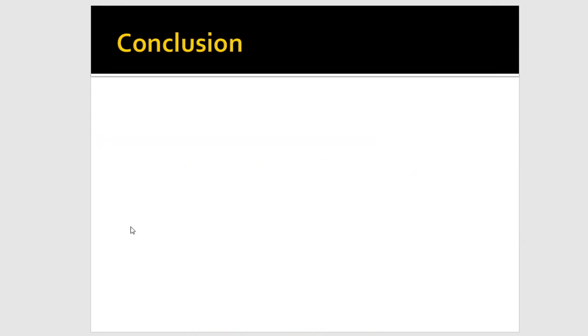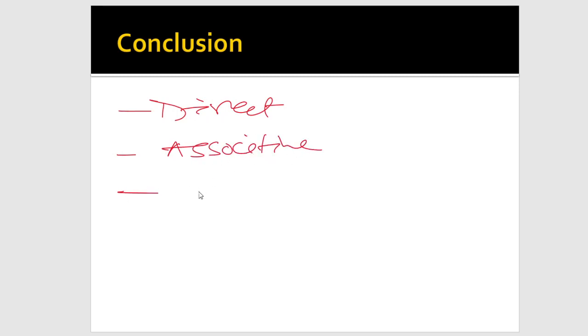Let me conclude here. There are three different mappings: direct mapping, associative mapping, and set associative mapping.